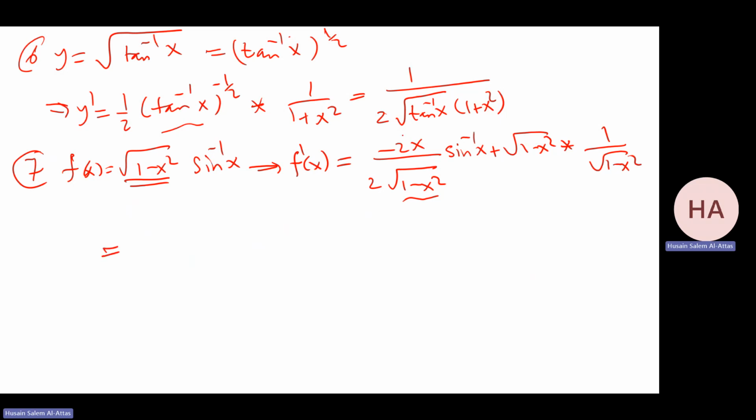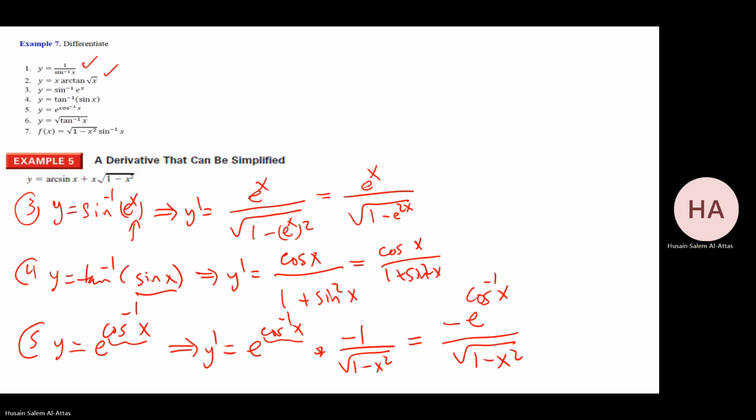The 2 cancels. I have minus x sine inverse of x over the square root of 1 minus x squared. Here I have plus 1. Okay.